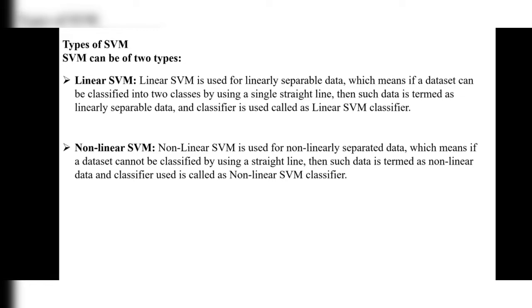Whereas non-linear SVM is used for non-linearly separable data, which means if a dataset cannot be classified by using a straight line, then such data is termed non-linear separable data, and the classifier used is called a non-linear SVM classifier. When we have two classes easily separable by using a single line, it is linear SVM. Whereas if we have two or more classes that cannot be separated by using a single line, then it is called non-linear SVM. Let's see how.